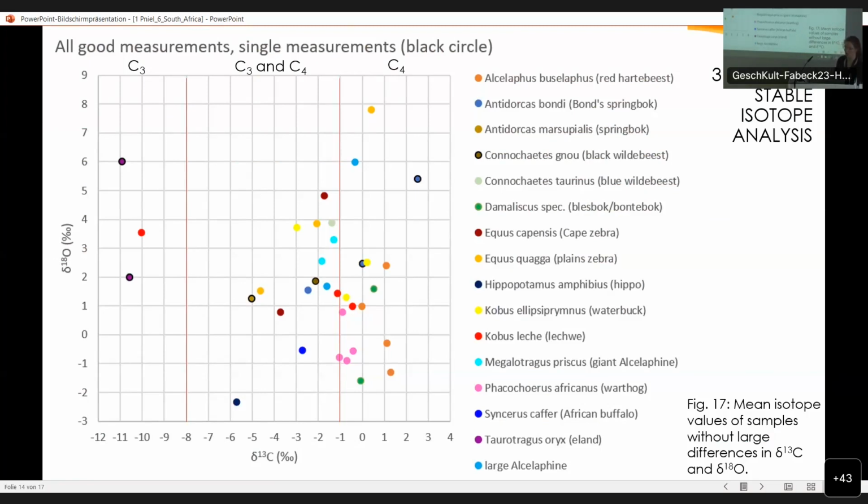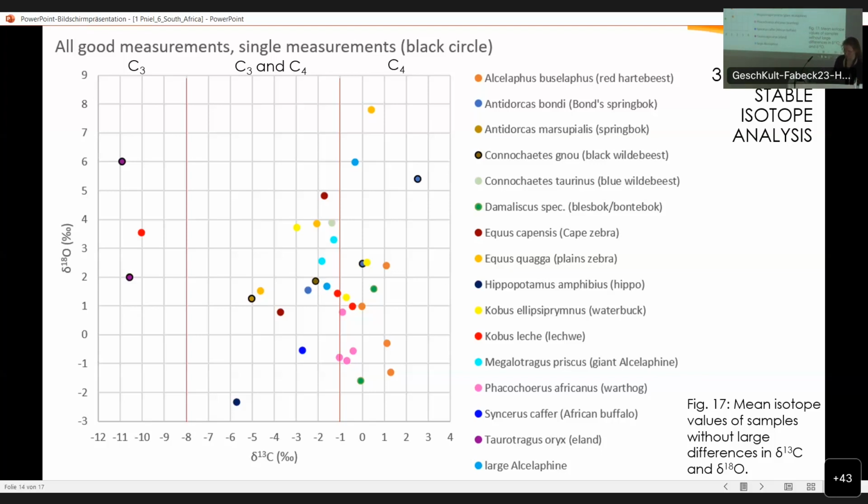Those are single measurements where we couldn't take double measurements. And the red lines are only here to show the differences between C3, C4, and C3 and C4 feeders in the carbon isotopes.